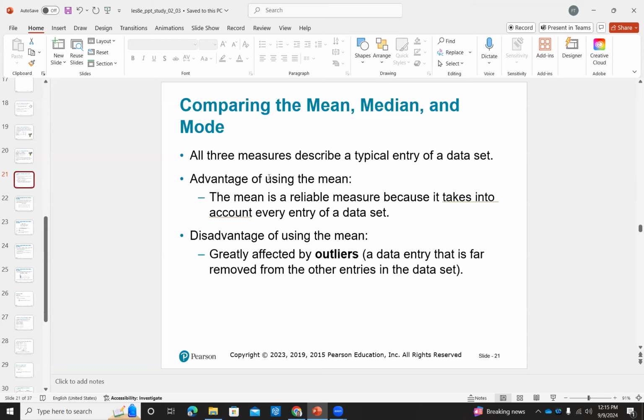So it's good that we're using mean when we are thinking about a calculation because mean takes into consideration every data entry. But if there is a very different number than the rest of the data set, it will affect your mean a lot.